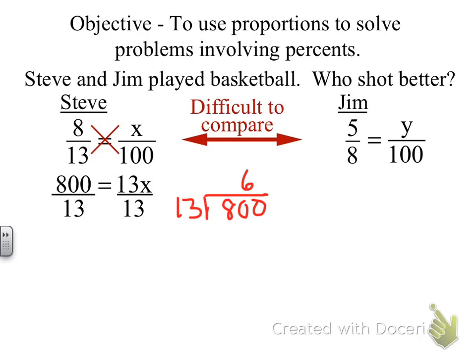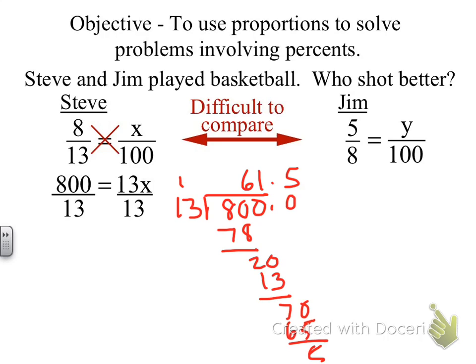Okay, 13 doesn't go into 8, so I move over one digit, and I get 18, carry the 1, 78, remainder of 2, it goes one time. I have a remainder of 7. I can add a decimal, bring down one more 0. Times 5 is 65. I have a remainder of 5. I can stop about there.